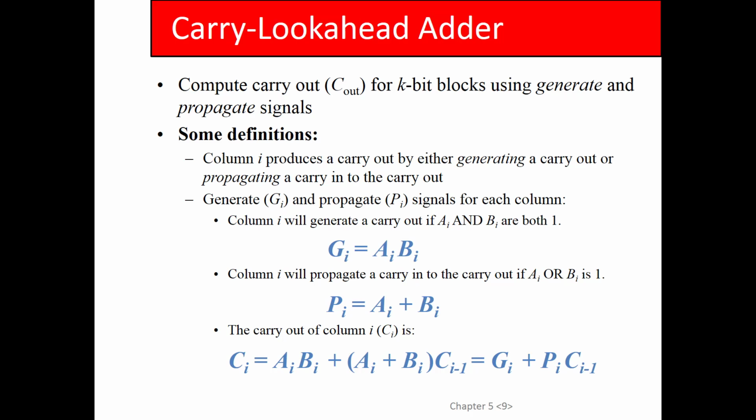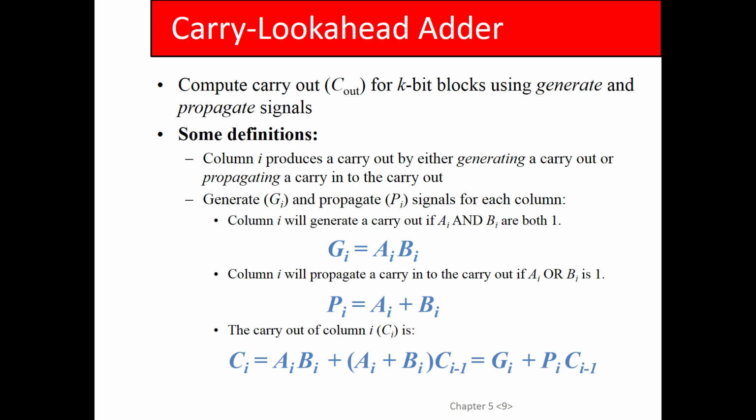On the other hand, this leftmost column was a 0 and a 1, and it has a propagate in the sense that if I hadn't been carrying something in, I wouldn't have got a carry out. But because I carried into that column from the previous column, I got a carry out. So it will propagate a carry. If it gets a carry in, it'll propagate the carry into its carry out.